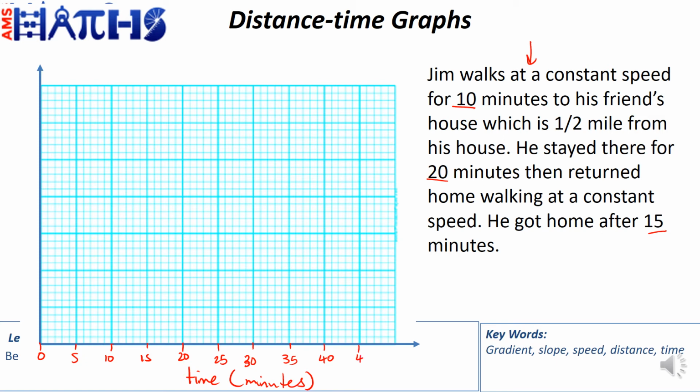So I'm putting those in. Right, and then it says that he walked to his friend's house for half a mile. Didn't go any further than that from his house.